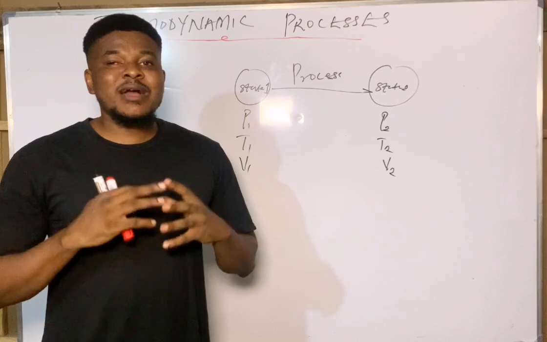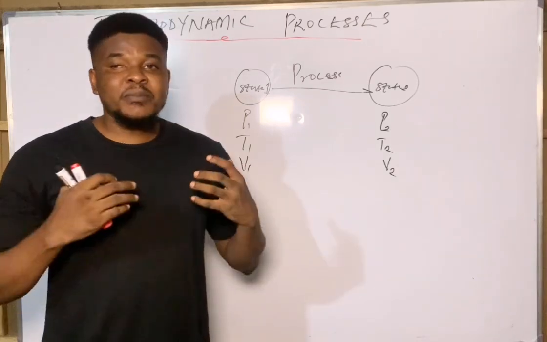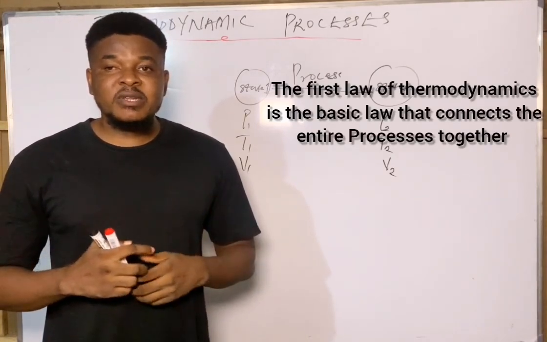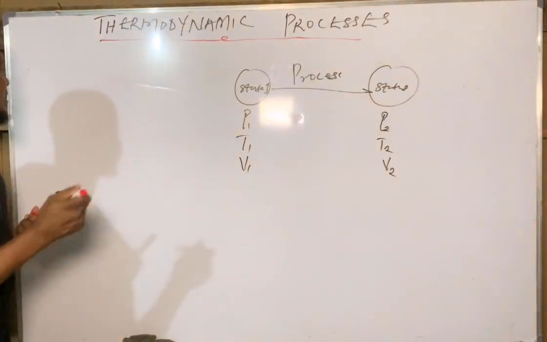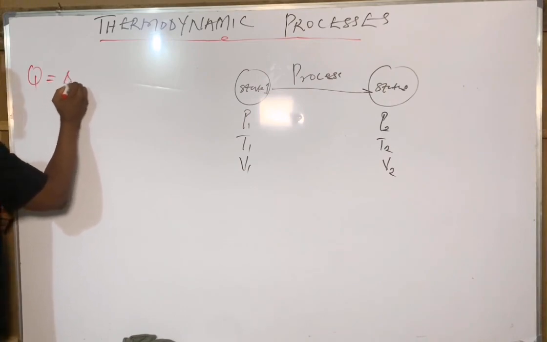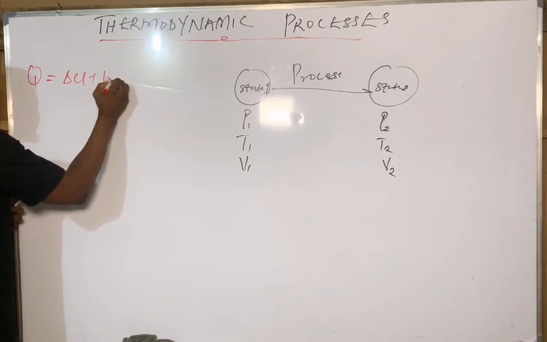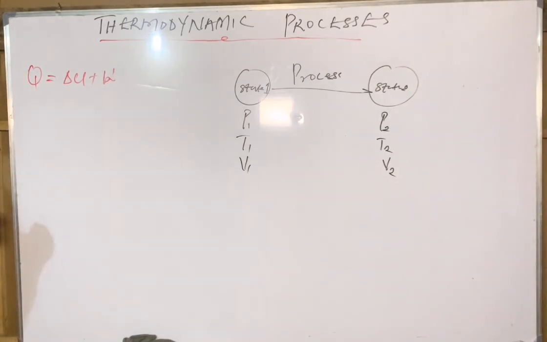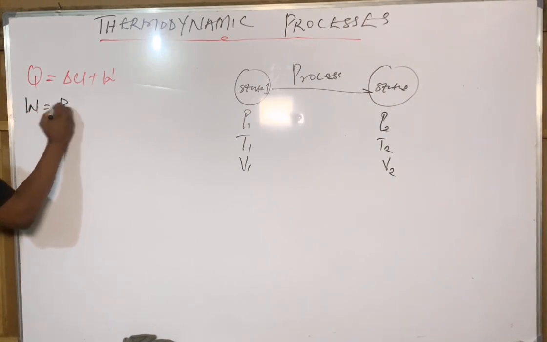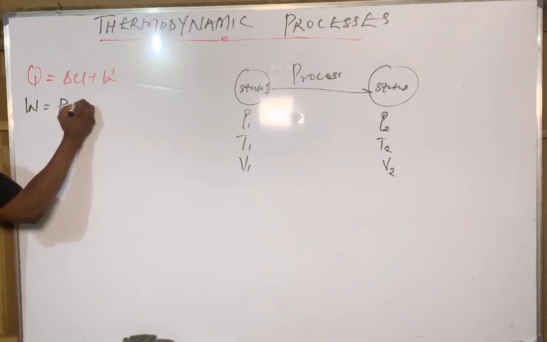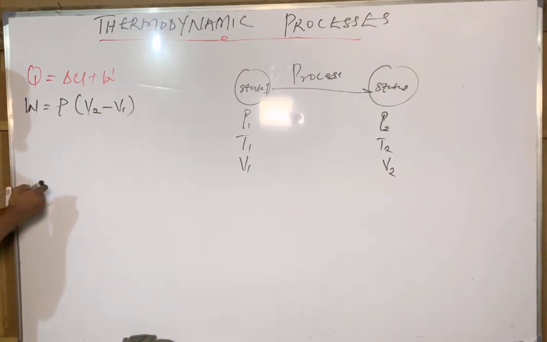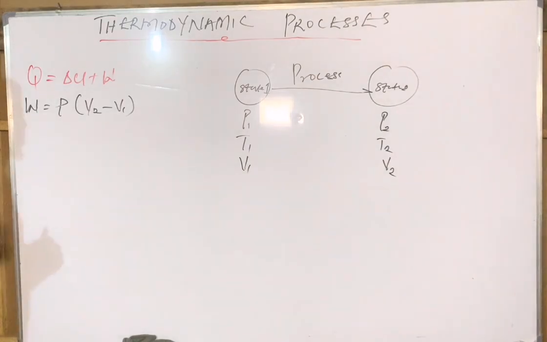Now, the law that connects all these properties, or these processes, together is what we call the first law of thermodynamics, which states mathematically that the heat supplied to a system is equal to the change in internal energy plus the work done on the system, where the work done on the system is simply given as pressure times change in volume, which is V2 minus V1, V2 being the final volume, V1 being the initial volume.